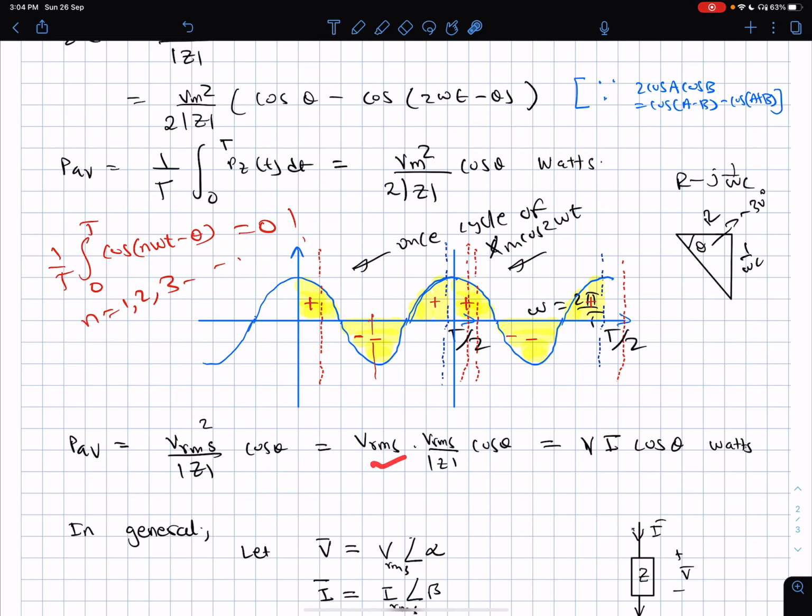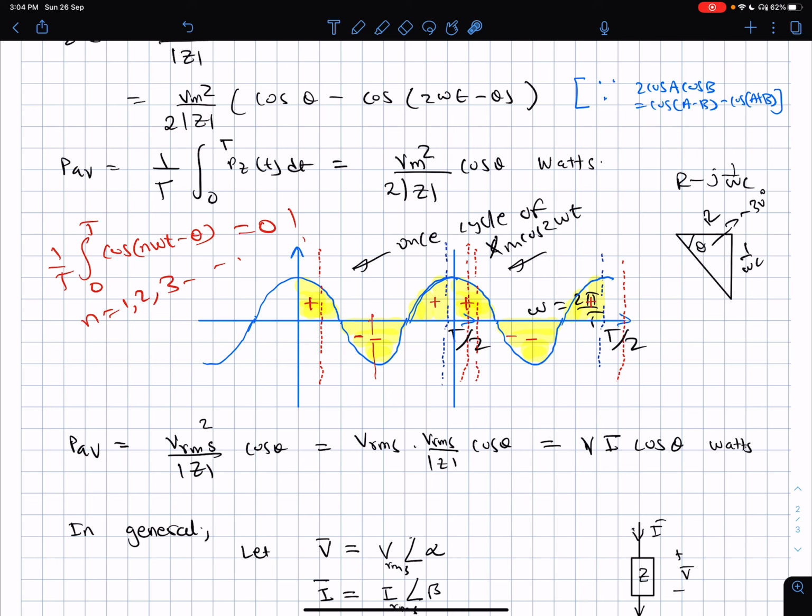which I can also write as V RMS into V RMS by modulus of Z times cos of theta, which is nothing but V RMS times I RMS cos of theta. I'm just dropping this RMS term every time, since to write it is a bit cumbersome. I'm just writing it as VI cos of theta watts.